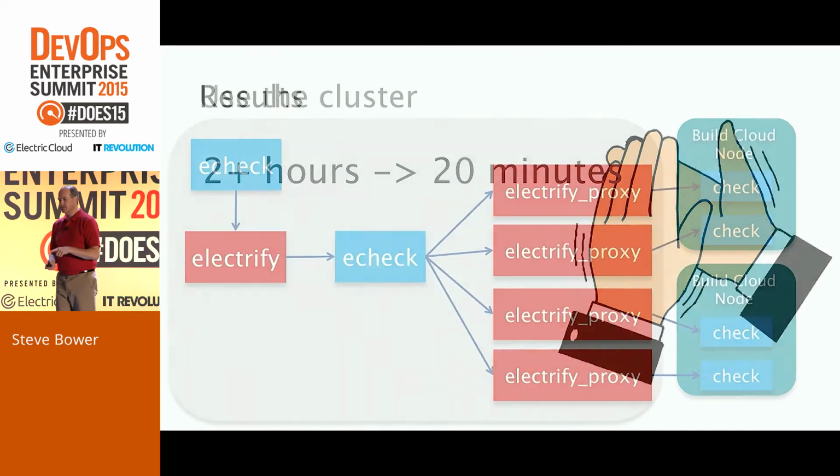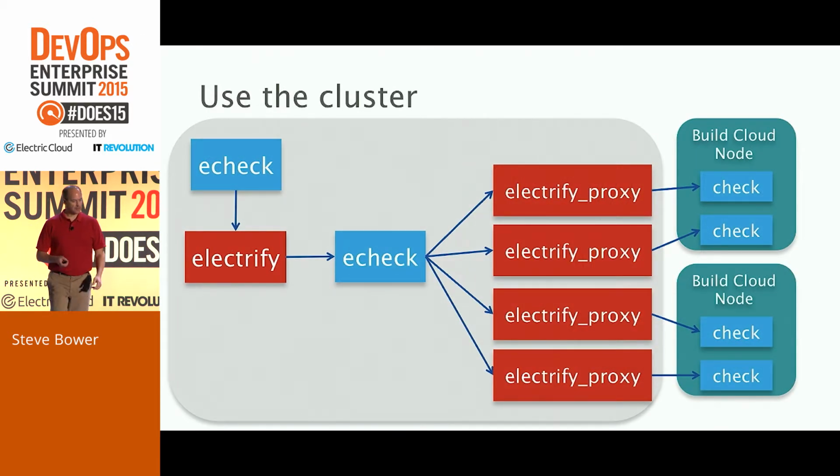Another interesting thing about this particular use case, let me go back to the diagram again. Remember, we have the developer system on the left side of that architecture diagram, which actually kind of lines up here, which is really convenient. On the right side, you have the build cloud, or the build cluster nodes.